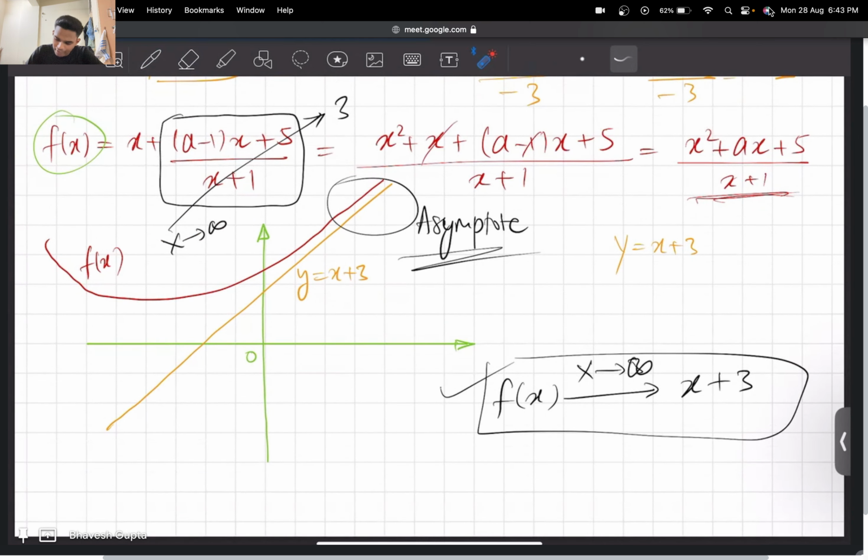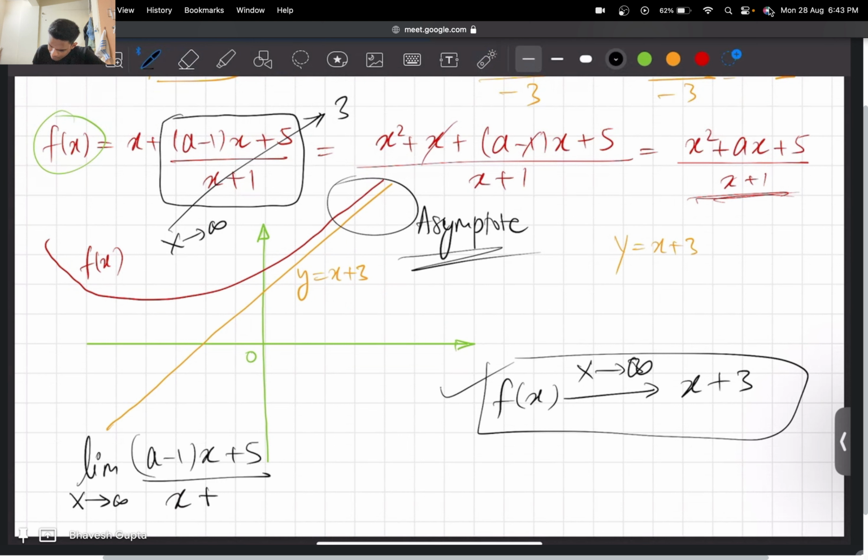Now we have this question that you have to solve: the limit as x tends to infinity of (a minus 1)x plus 5 over x plus 1, such that the answer comes out to be 3. The way you can have the answer 3 is if this coefficient which you see here is 3. Why am I saying that?